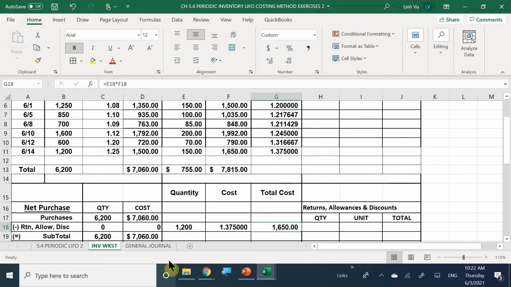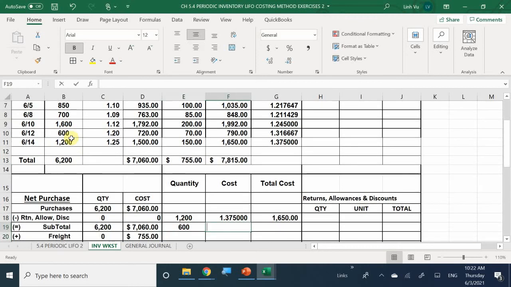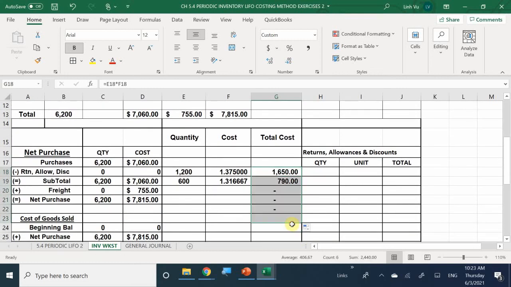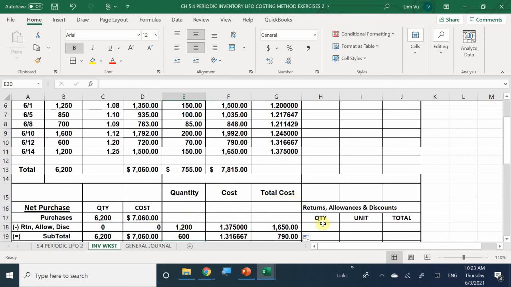What's next? Which batch do I need to sell next? The 600 at 1.316, or 790 total cost. Okay, 790 total cost. Good. So how many more? We need to keep going.